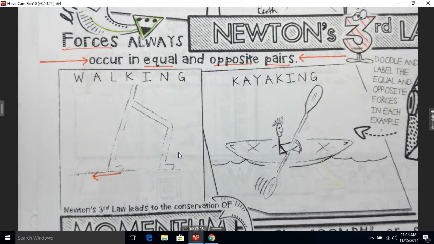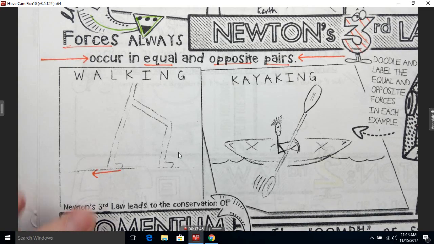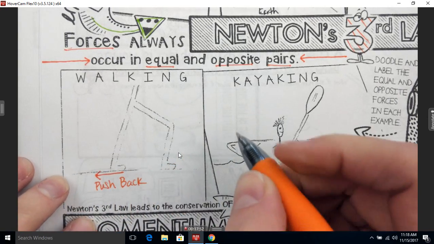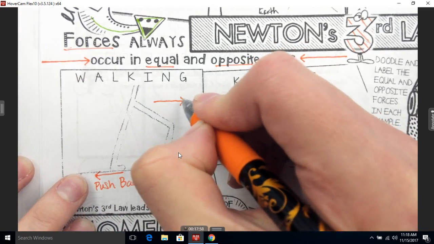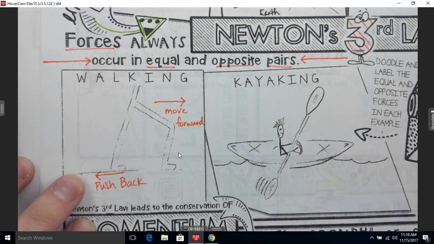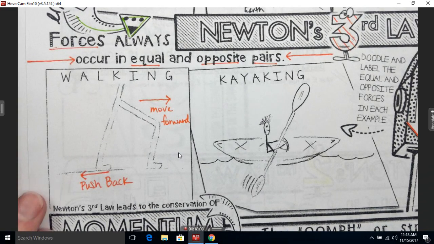So if I'm doing heel-toe, look, I'm pushing that way. And when I push the ground that way, it pushes me forward. So when we draw this other arrow, it needs to be the same size. Oh, I don't know if mine are, but there you go.